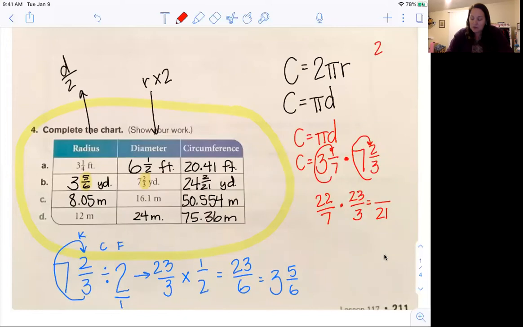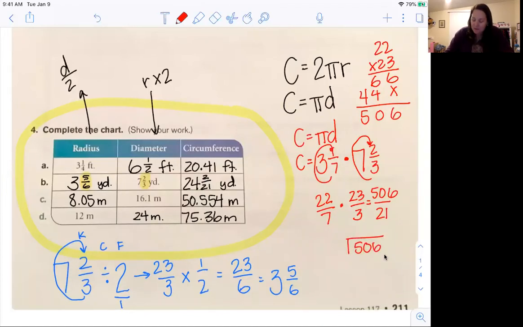Let's say 22 times 23, that's 506. Okay, 506 divided by 21. Now this is an improper fraction, so I need to change it to a mixed number. I would do 506 divided by 21. 21 into 5 does not go in. 21 into 50 is 2 times, and I get 42.